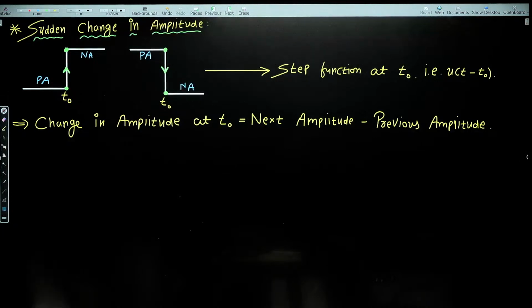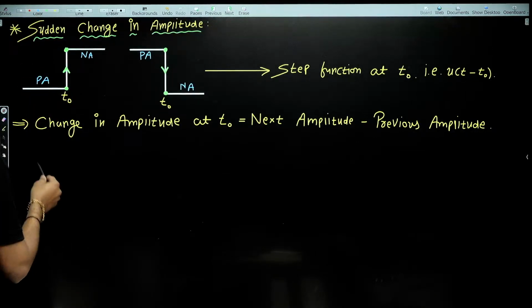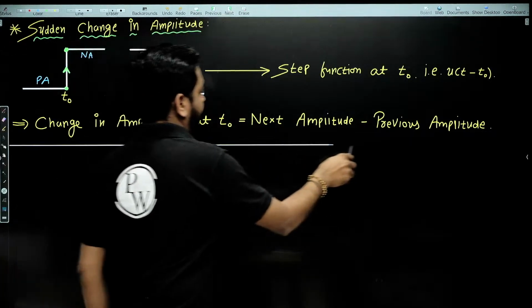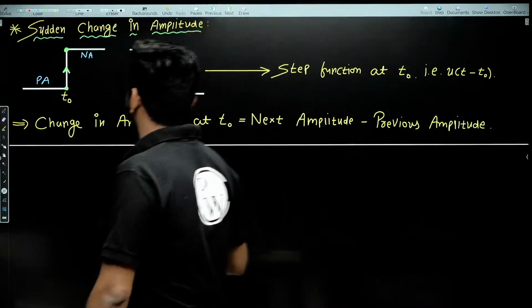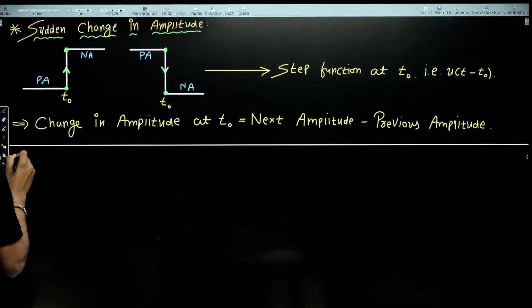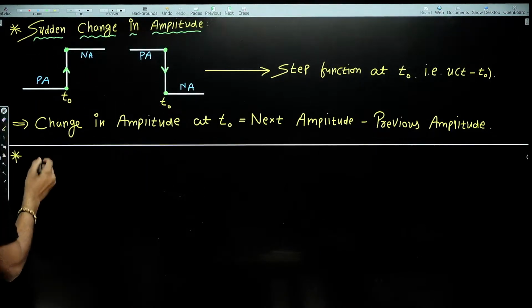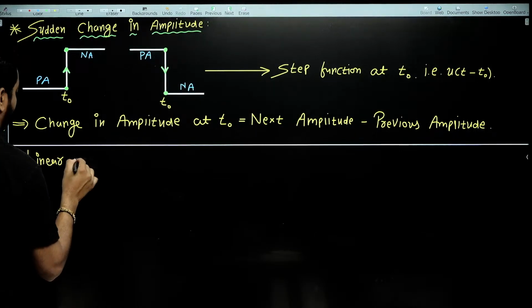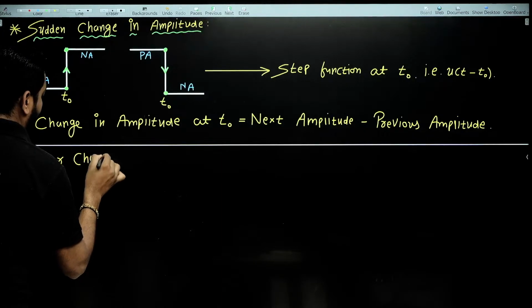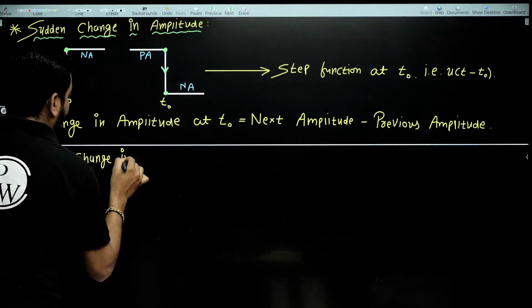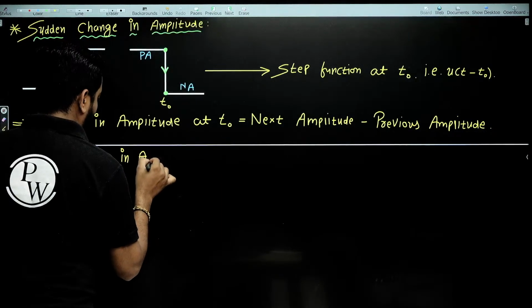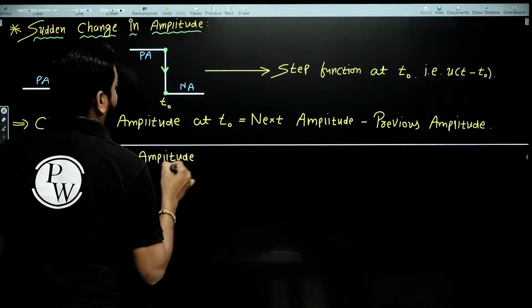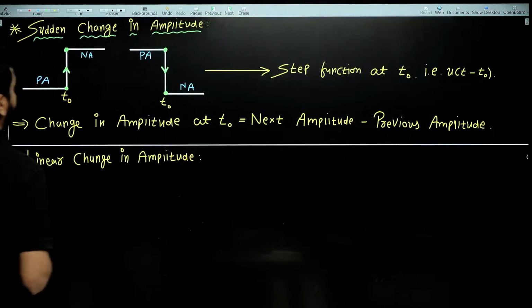Correct? Now one more case. The next case is: suppose there is a linear change in amplitude at T naught.